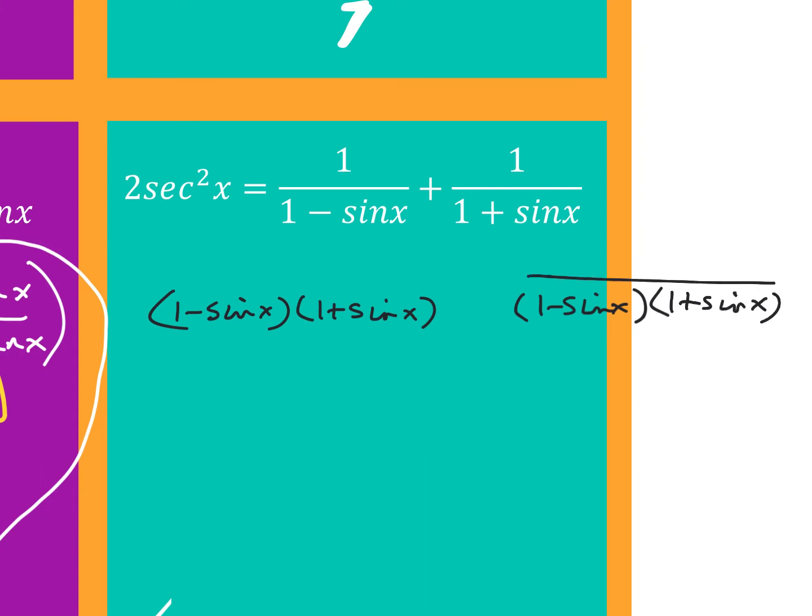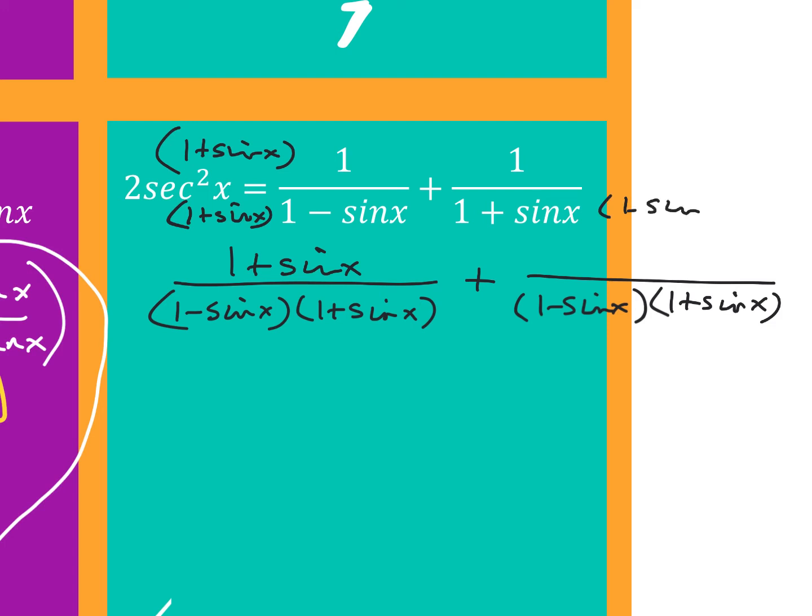And now let me go back and see what each fraction is missing. So the first fraction is missing the 1 plus sine x. So whatever you're going to multiply to the denominator, also do to the numerator. And then same thing here, 1 minus sine x, 1 minus sine x.